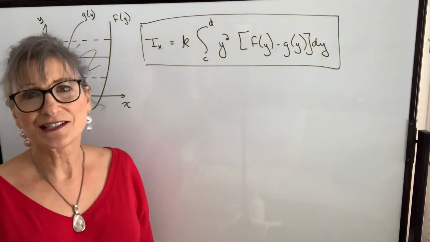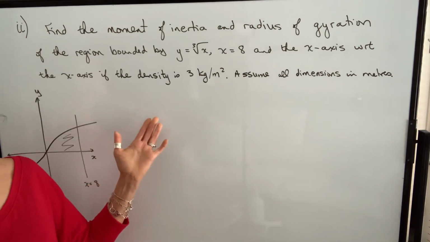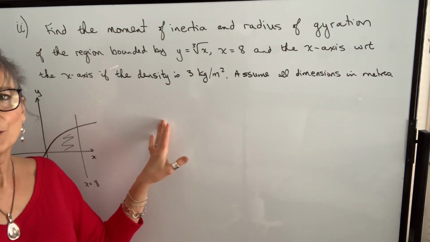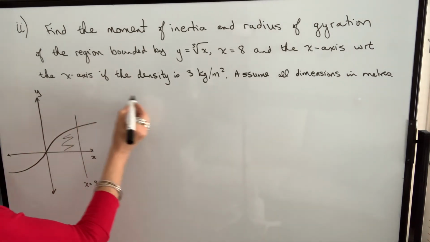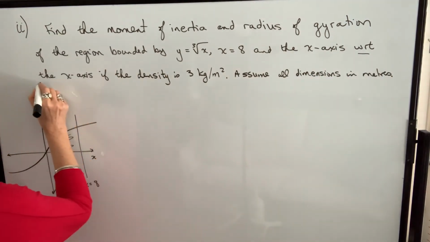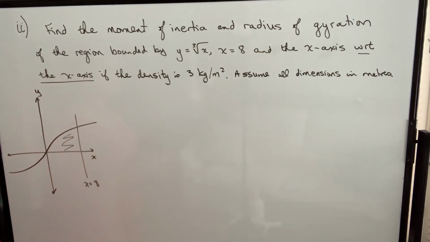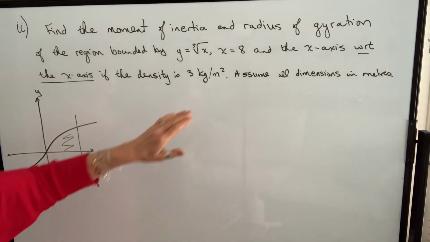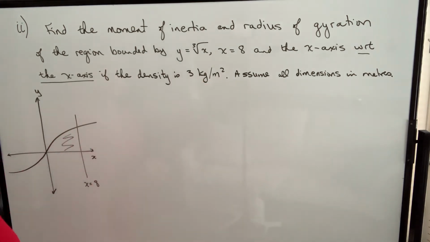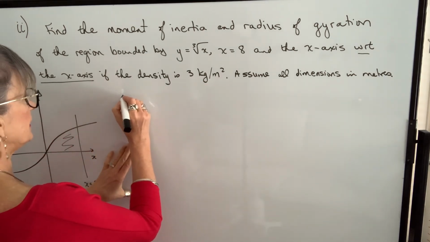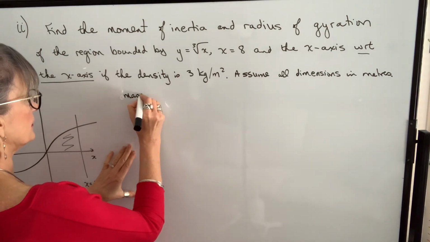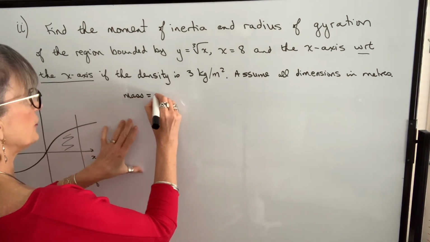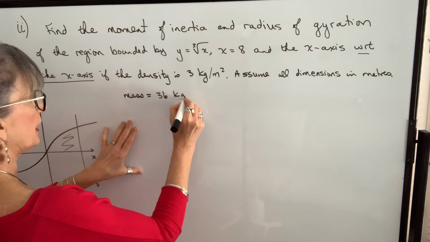Let's take a look at an example. So this is the very same example, except now it's with respect to the x-axis, but it's the same region and it has the same density. So we've already calculated the mass to be 36 kilograms. We don't need to do that again.